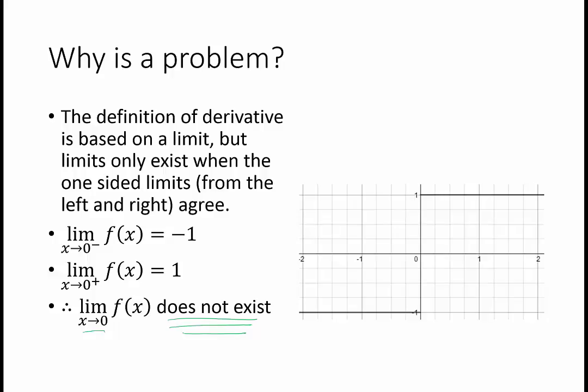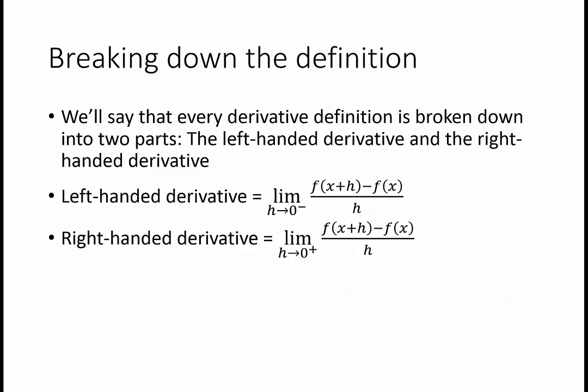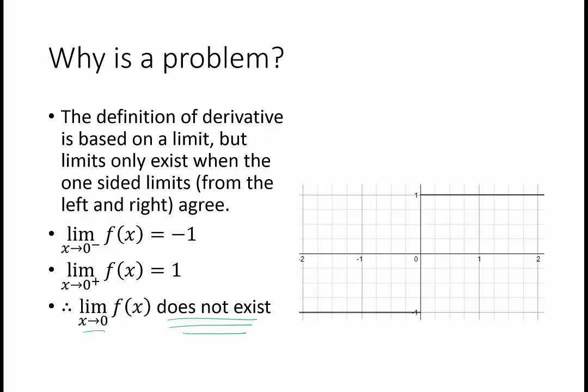Because we don't have agreement, we are going to say that the derivative, if f of x is equal to our absolute value function, that f prime of 0 does not exist.